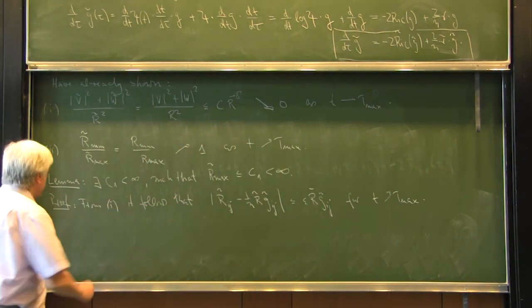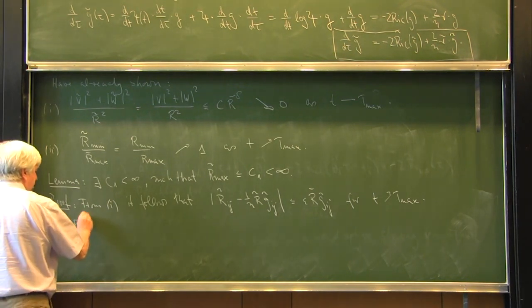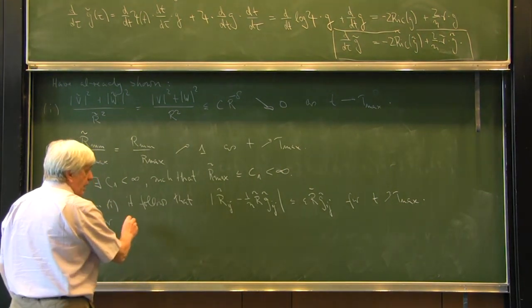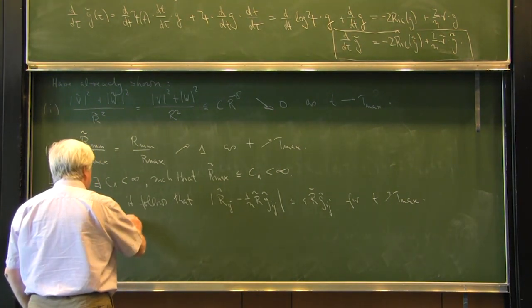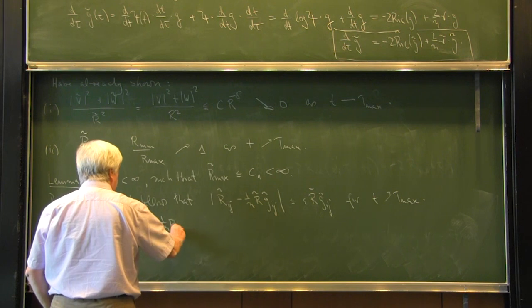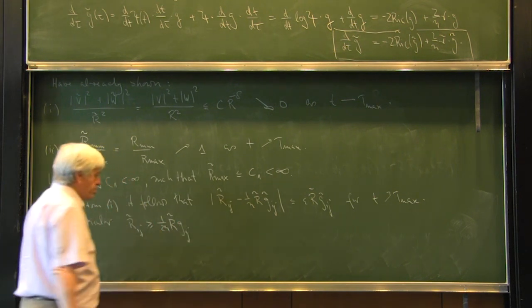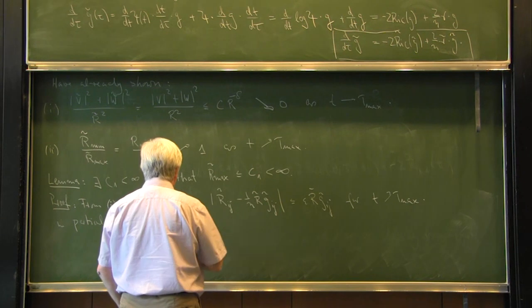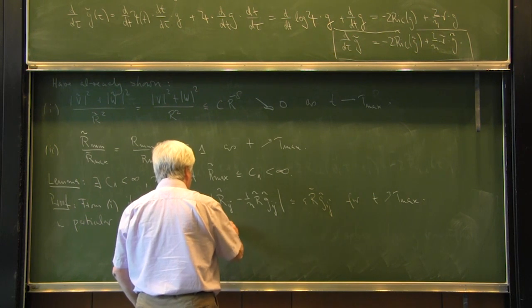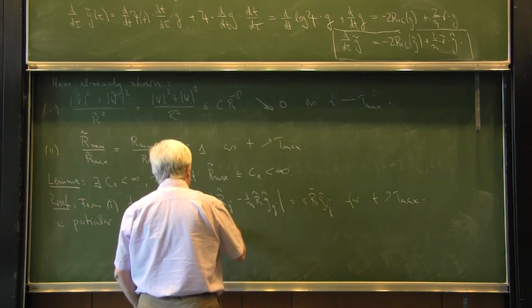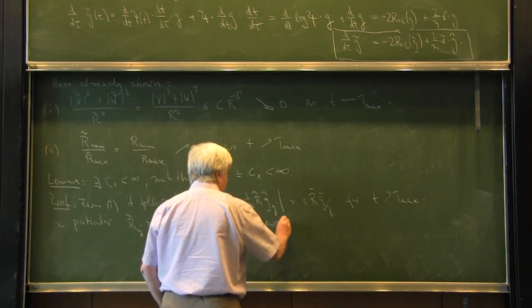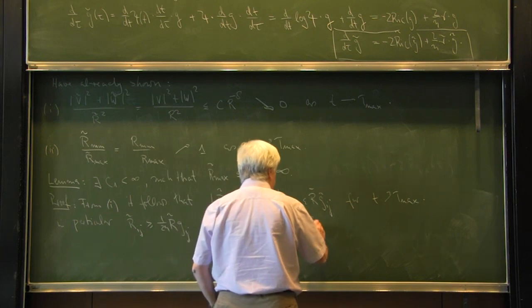So in particular, we must have that R tilde Ij is bigger than, say, 1 over 2n times R tilde times Gij for R tilde for T close enough to T max.